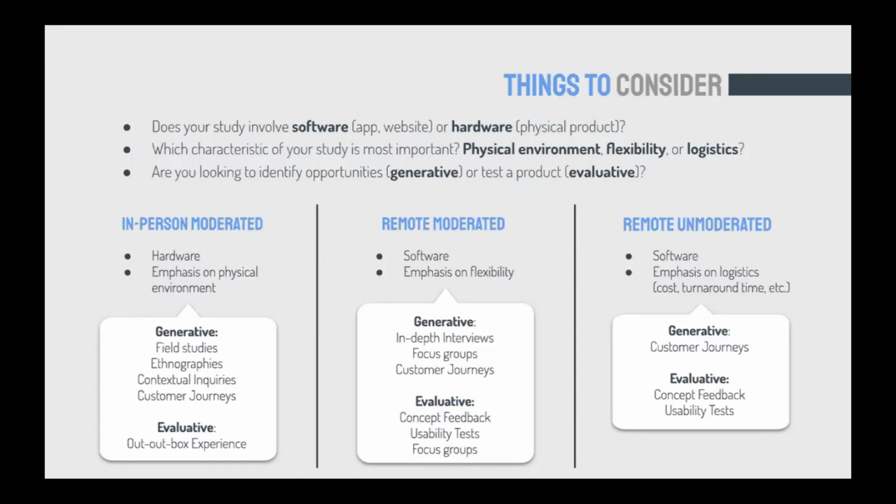And to add to that, you want to mention how the insights will be used so that the potential participant understands the value that they're contributing to the company or to the study. And also you want to identify and address barriers that might get in the way of people wanting to participate in a test.